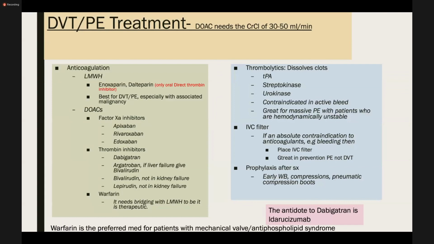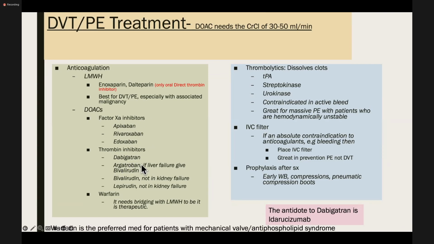The next one to talk about is your DOACs, your direct oral anticoagulants. There are different types. You have your factor 10A inhibitors, called apixaban.